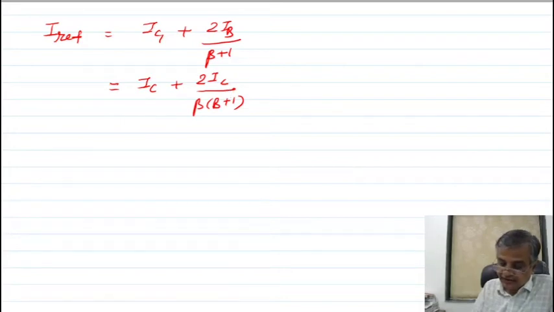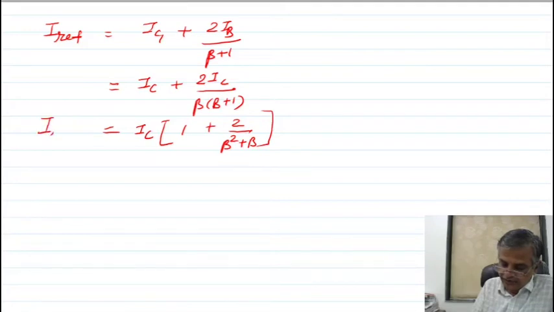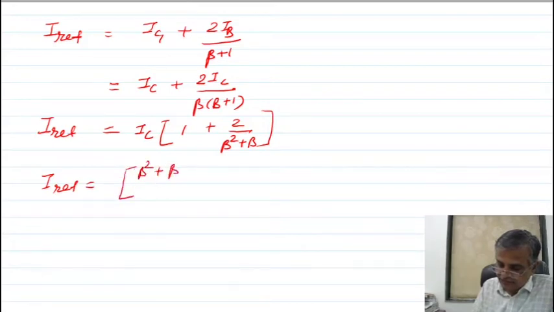So I can write IC common, 1 plus 2 upon beta square plus beta. This is your I reference. So I reference is equal to beta square plus beta plus 2 upon beta square plus beta.